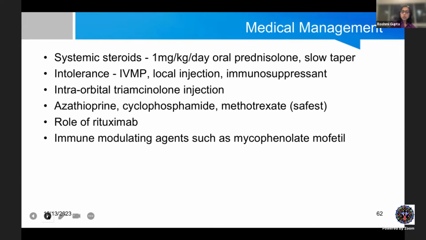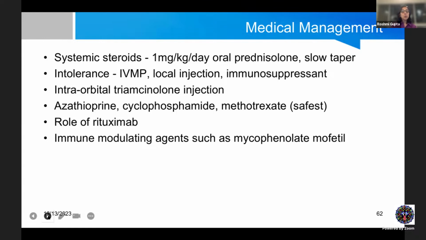So give the full dose with whatever precautions are necessary. Check the blood sugar, check the liver function test, make sure you give them calcium supplementation. If it's a known diabetic patient, take the help of your physician to monitor. If the sugar goes out of control, give them insulin, but give them the full dose of steroids.